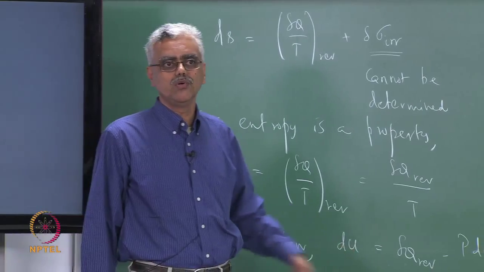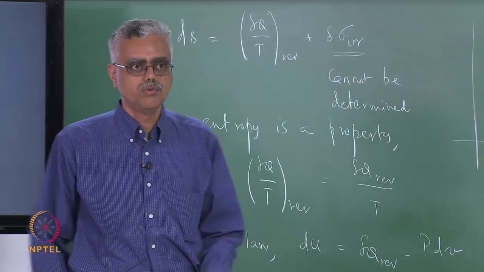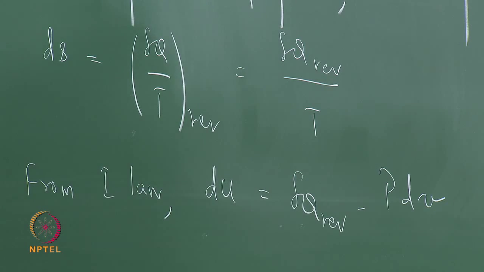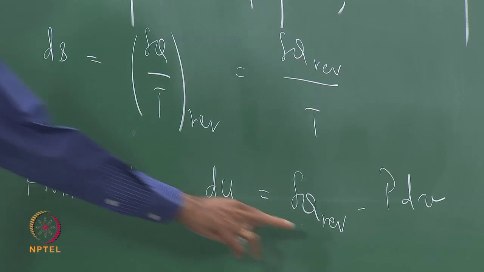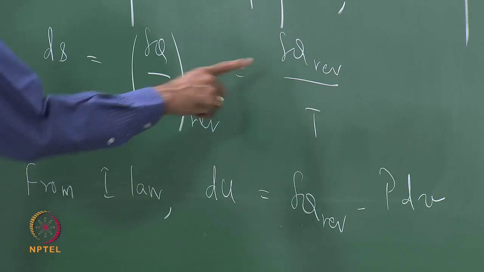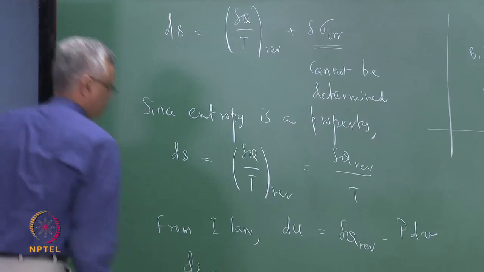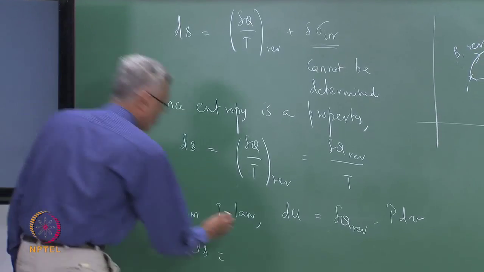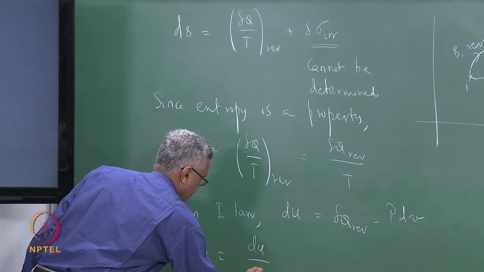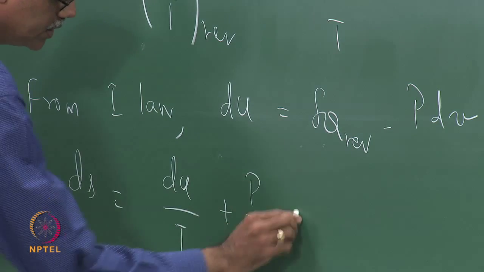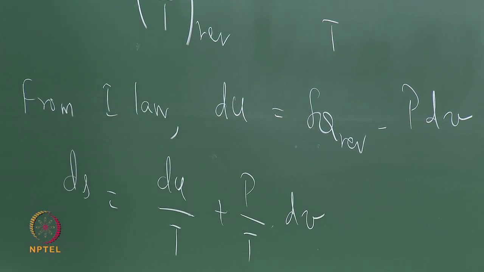This is applicable only for a fully resisted reversible process, which is why I am writing du as delta Q reversible minus P dV. So, if I substitute for delta Q reversible from here, I can write ds as du over T plus P over T times dV.